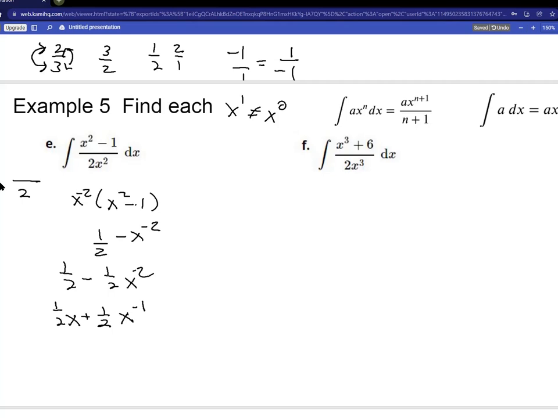For example, when we're trying to find a slope, if I know the slope is negative 1/3, the perpendicular slope is the opposite reciprocal. If it's going to be opposite, it's not going to be negative. It's going to be positive. And it's going to be a reciprocal. So it's not going to be 1/3, it's going to be 3/1, which is the same thing as 3.